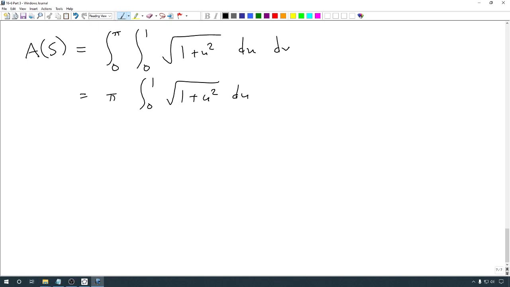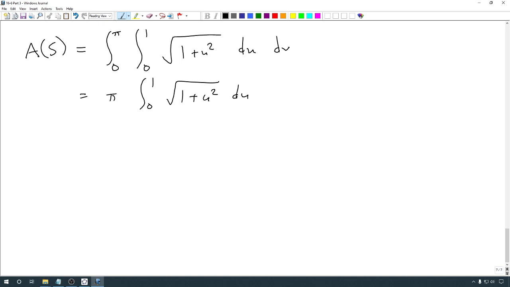Unfortunately, this is a somewhat annoying integral. We could use a trig substitution here. I would use u equals tangent of theta or something like that. But we could also be kind of cheaty about it and just look up the formula in the back of the book. There's a reason why tables of integrals exist.